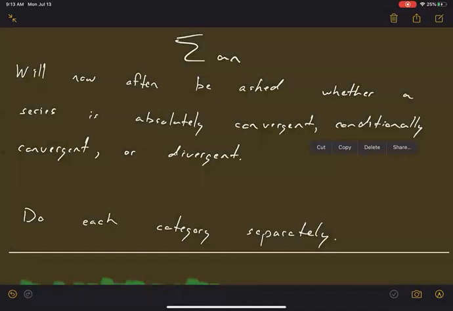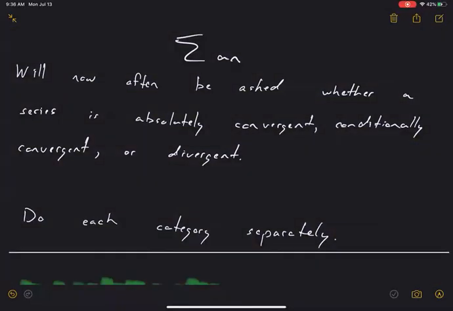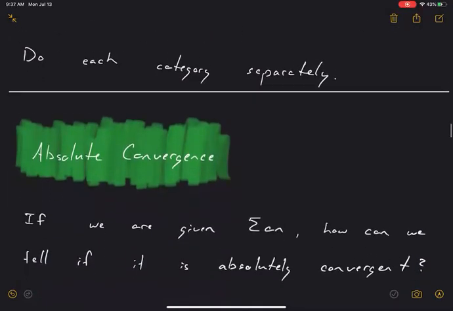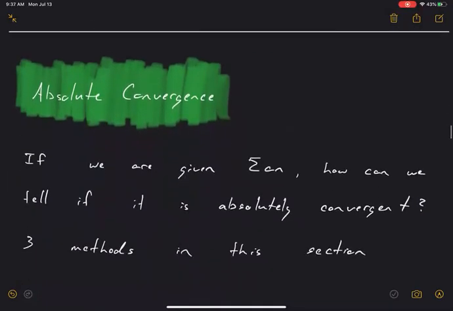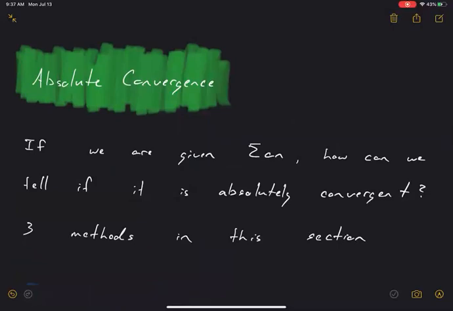So we need to figure out how to tell each of these. We need to be able to tell if a series is absolutely convergent, conditionally convergent, or divergent. So we're going to consider each of these three things separately. Okay, and really, this section is mostly about absolute convergence, so we're going to spend most of our time on this.